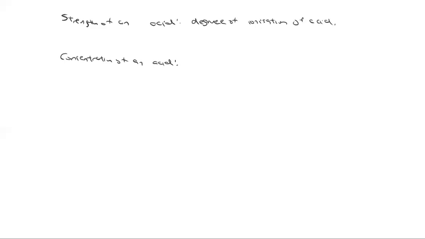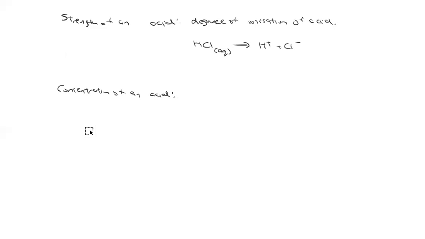So if you've got something like HCl, which is a strong acid, we've got HCl becoming H plus plus Cl minus. Now that you understand equilibrium, this is basically 100% ionized, or we think of it that way anyway. So we say it's strong.